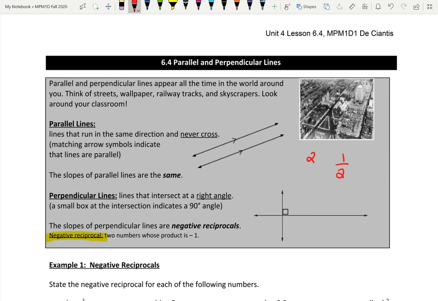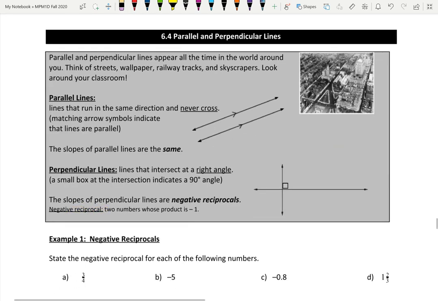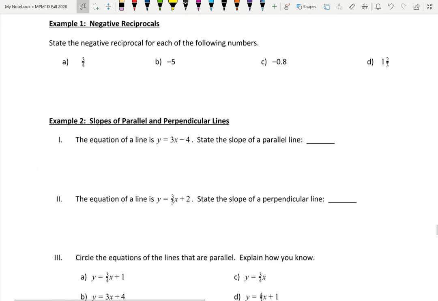Now the negative reciprocal means that you just change the sign. So if the first slope is +2, the second slope, the negative reciprocal, would be -1/2. We're going to practice stating the negative reciprocals in example 1.